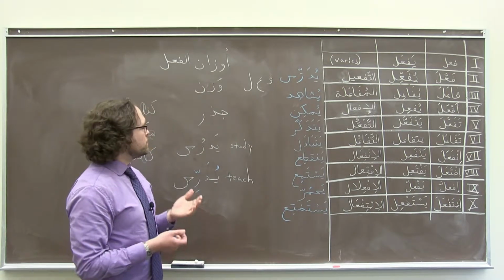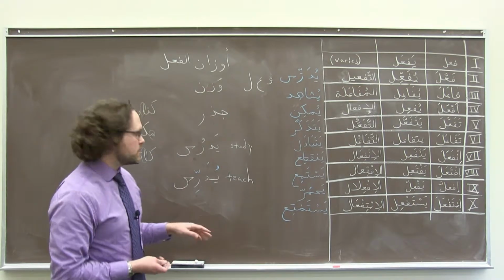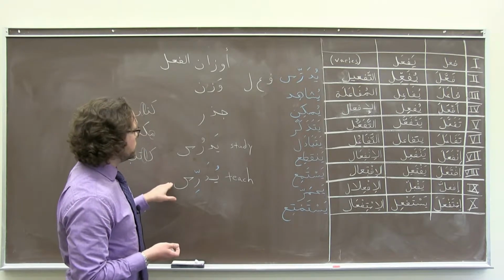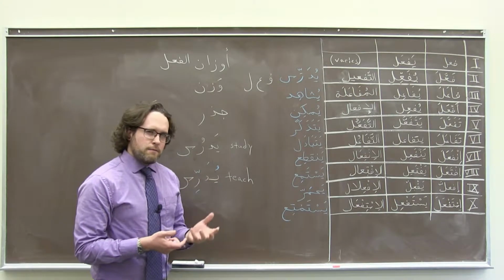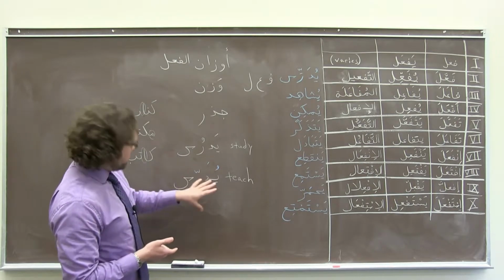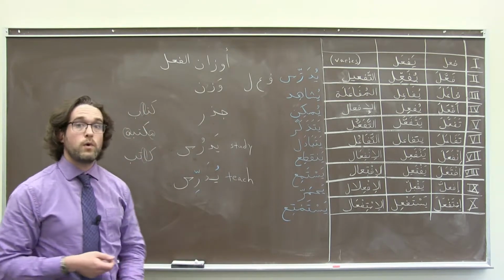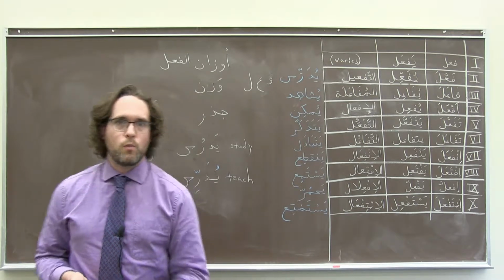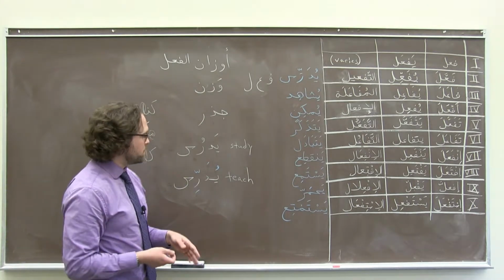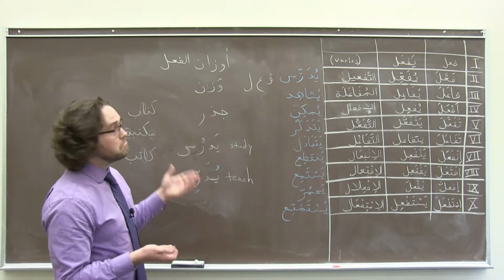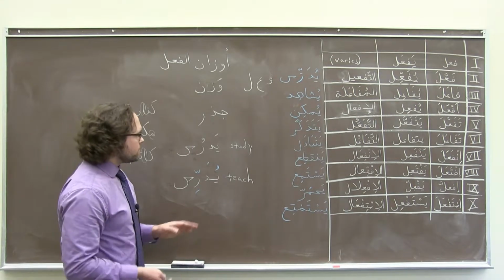This is a really, really common relationship that we see between a Form 1 verb, the most basic kind we've got, and a Form 2 verb. The Form 2 verb, the Form 2 wazn, the template, kind of has this meaning of making someone or something do Form 1. We know it doesn't always work that way in real life, but ostensibly, someone who teaches is someone who makes someone else study, right?